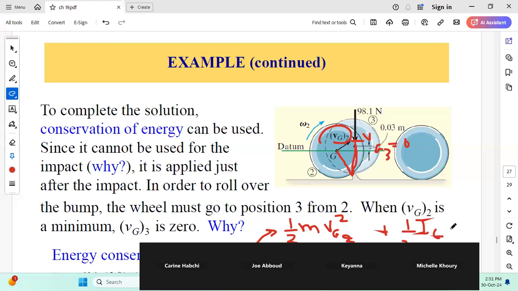We use half I_A omega squared. Exactly. Since I rotate about a fixed point, I can replace T2 by half inertia about A times omega 2 squared.